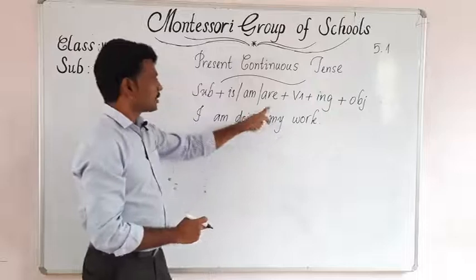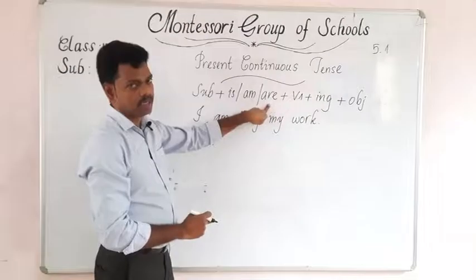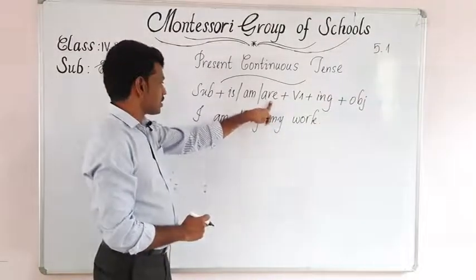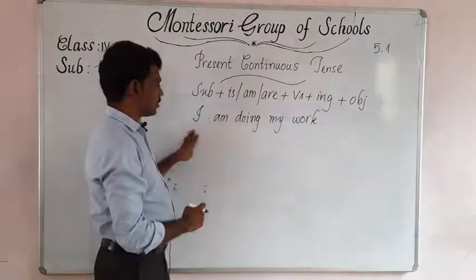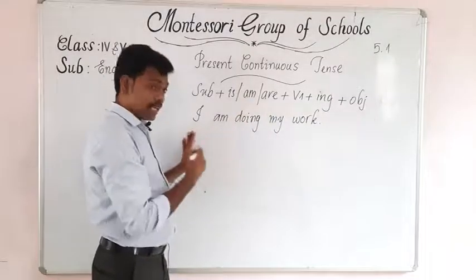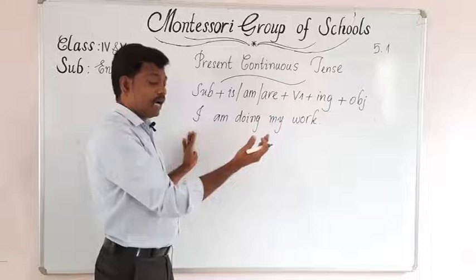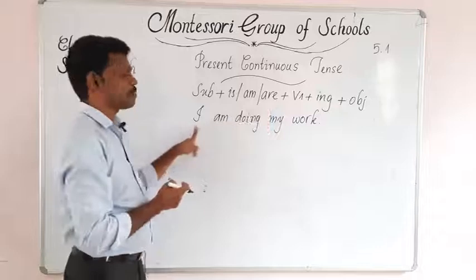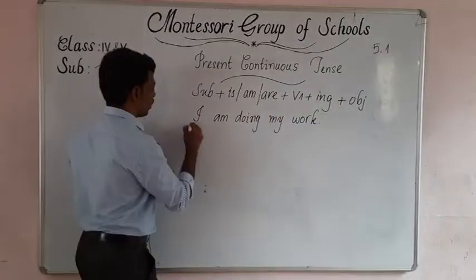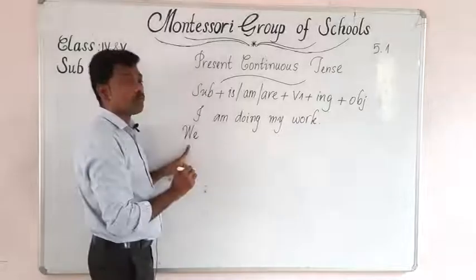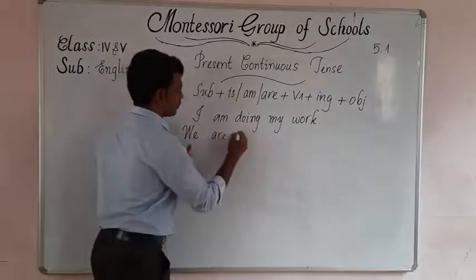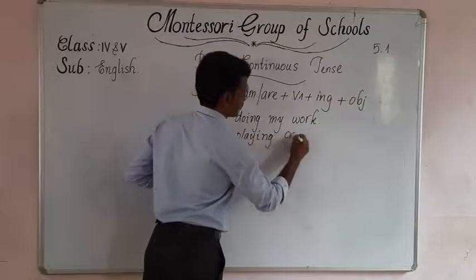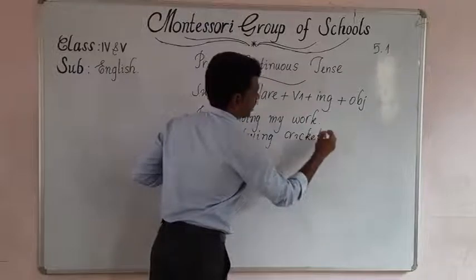Now let's go to the third one, that is are. Where do we use are? When the subject is first person plural, second person singular or plural, or third person plural, we use are. Let us start with first person plural, that is we. We are playing cricket.